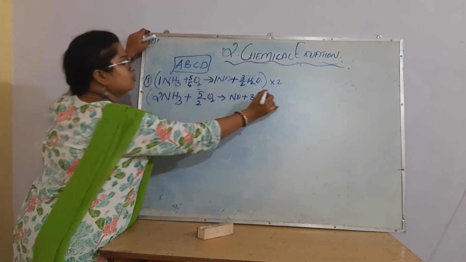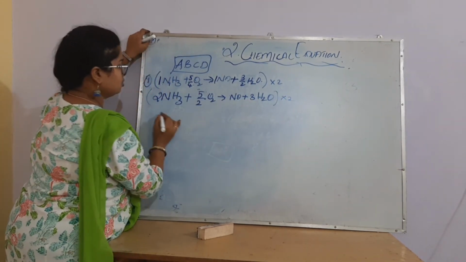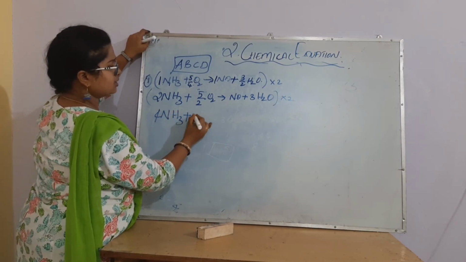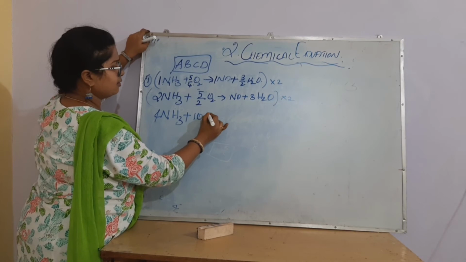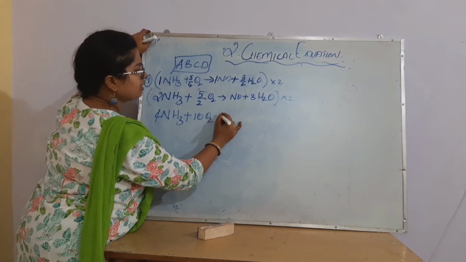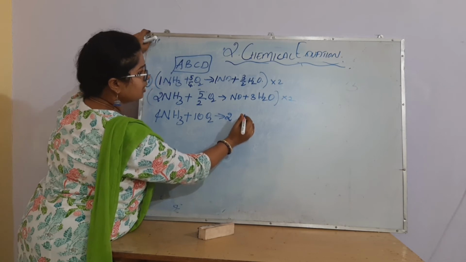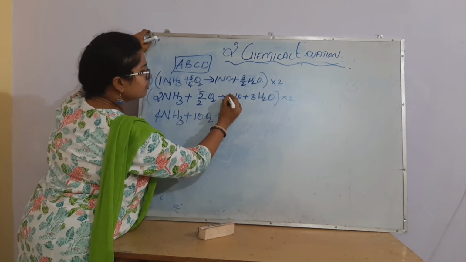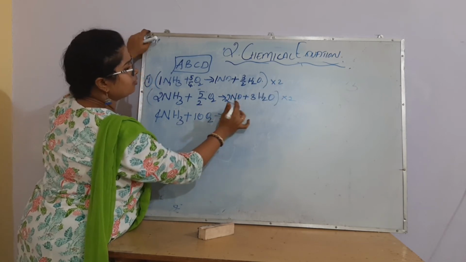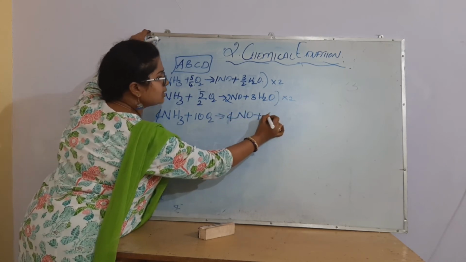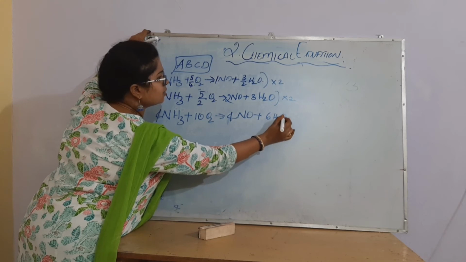Again multiply with 2: 4 NH3 plus 5 O2 gives rise to 4 NO plus 6 H2O.